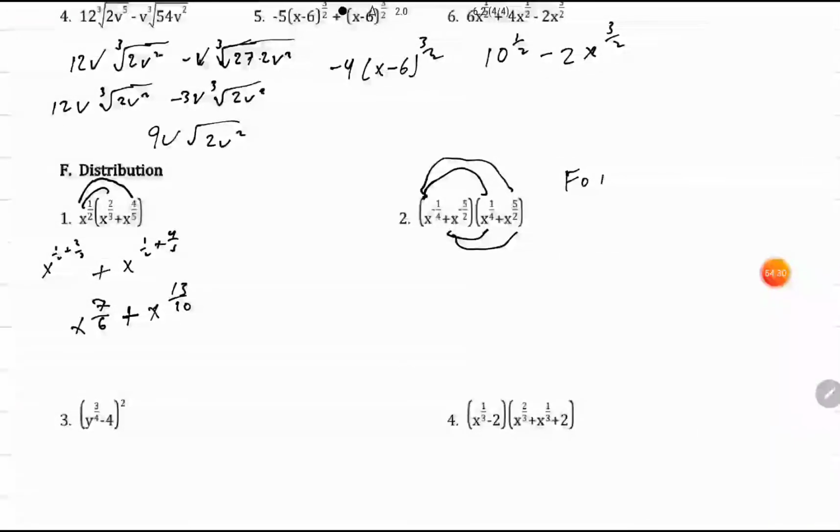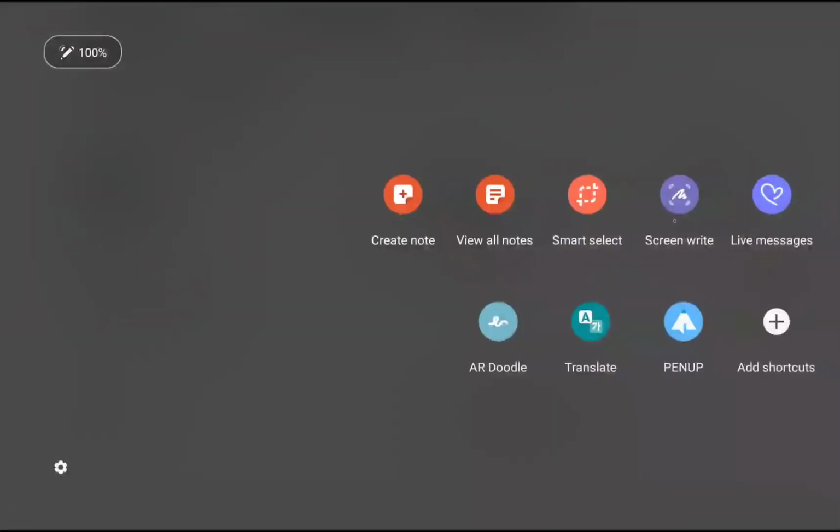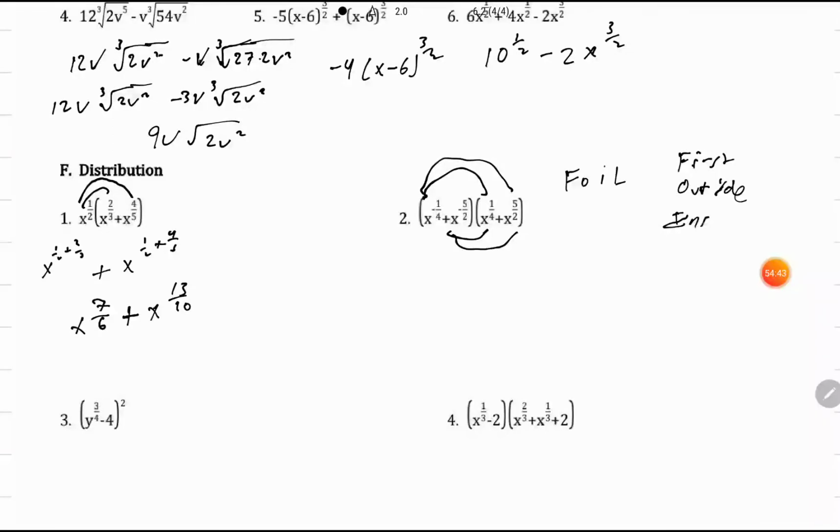That is FOIL. First numbers, outside numbers, inside numbers, last numbers.